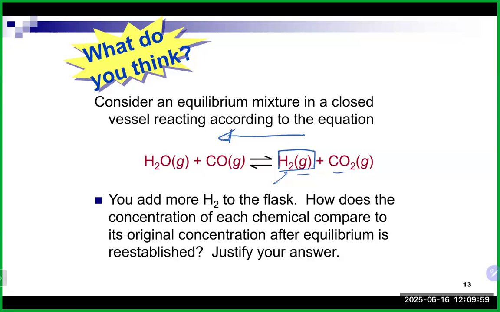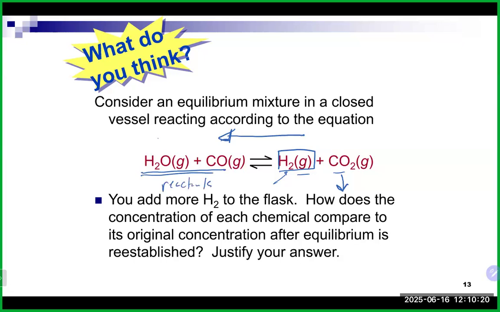And that should mean in the case of CO2, it should go down. Again, because the reverse direction is occurring, we need both of our products to come together to send that reaction back in the reverse direction. That would then mean that we should be actually making more reactants in this case.